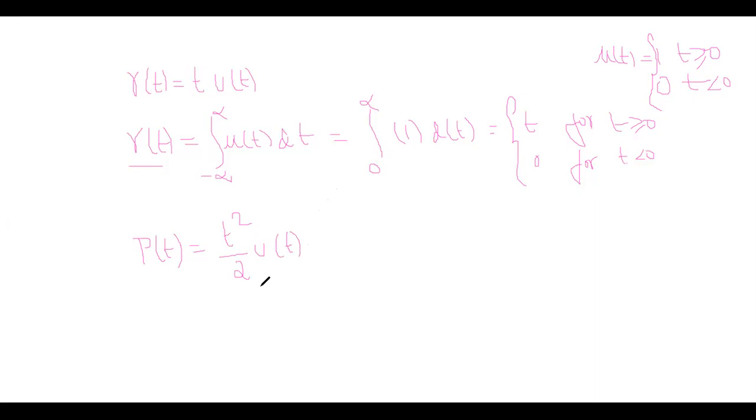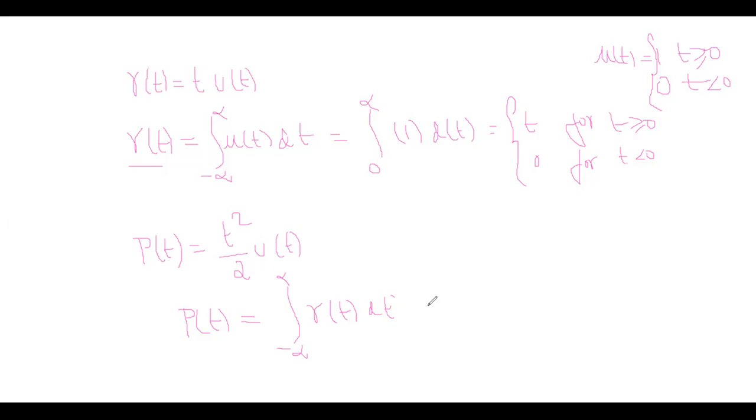So p of t is equal to the integral from minus infinity to infinity of r of t into dt, the velocity.